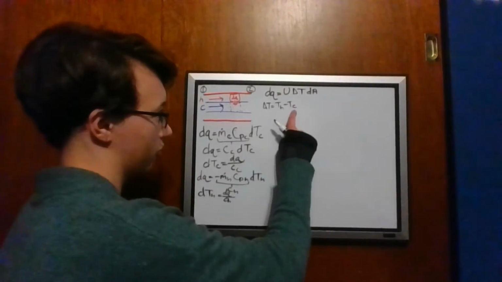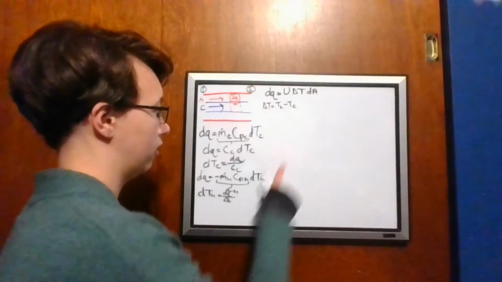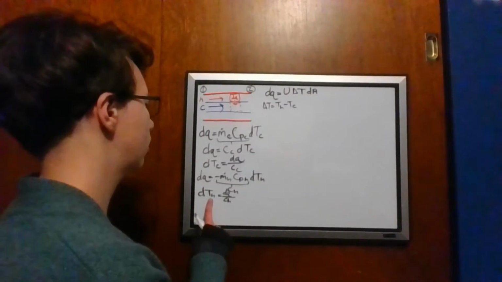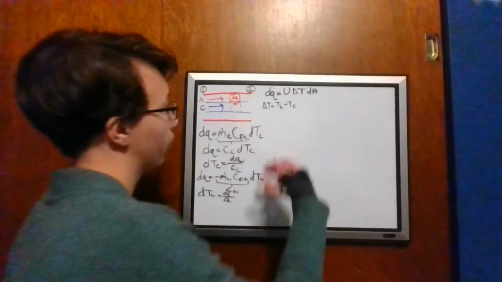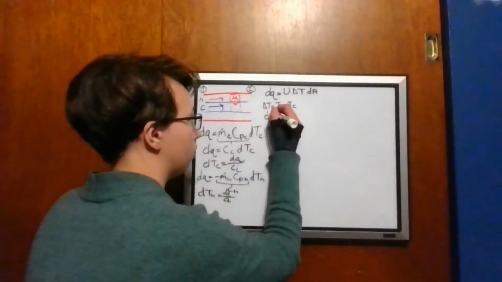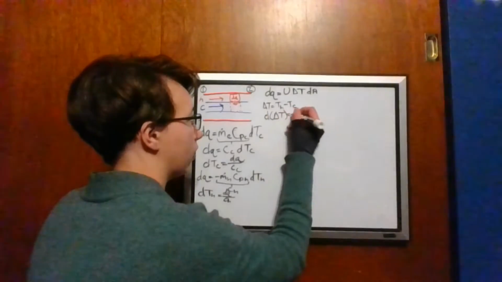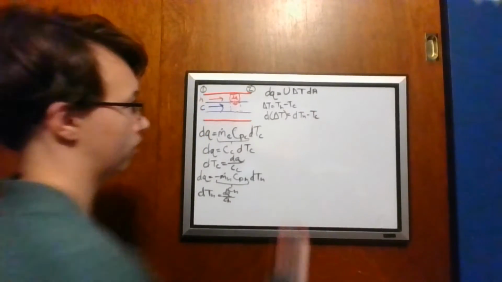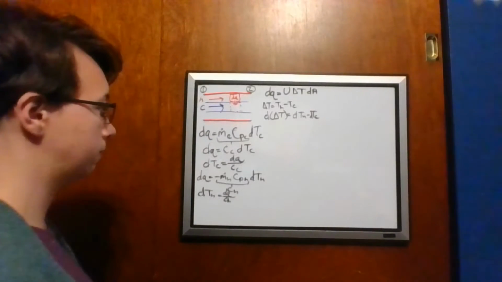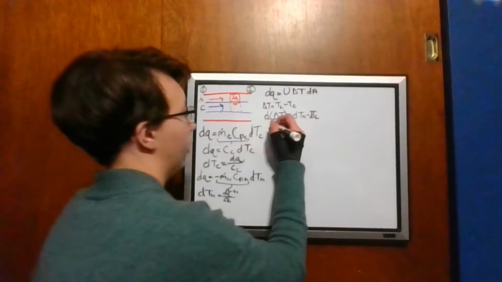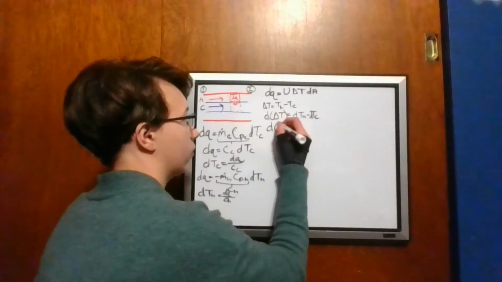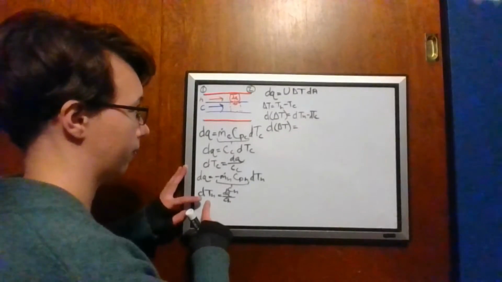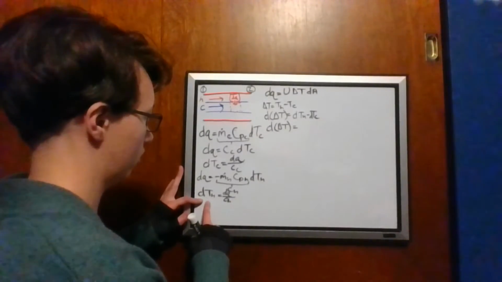Alright, so then we can take the differential of this equation, and this will connect it to what we did before, where we end up with the differential hot temperature and the differential cold temperature. So we'll have that the differential of delta T is equal to the differential hot temperature minus the differential cold temperature. Now we can plug these two values in.